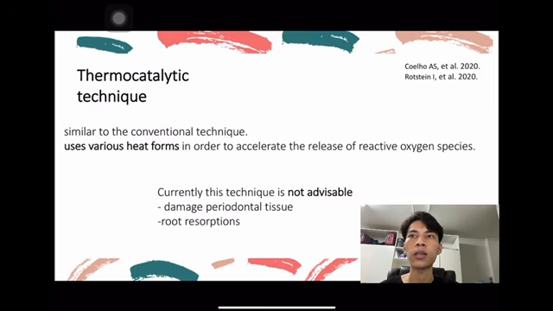Next technique is thermocatalytic, similar to walking bleaching. It uses various heat forms in order to accelerate the release of reactive oxygen species. Clearly, this technique is not advisable since heat can damage periodontal tissue and lead to root resorption.